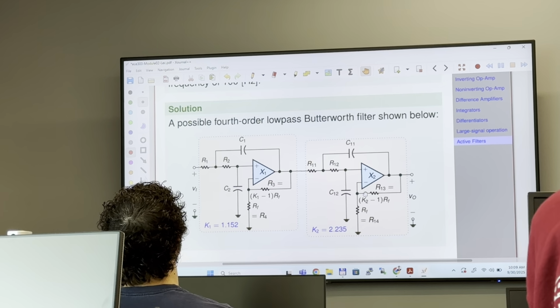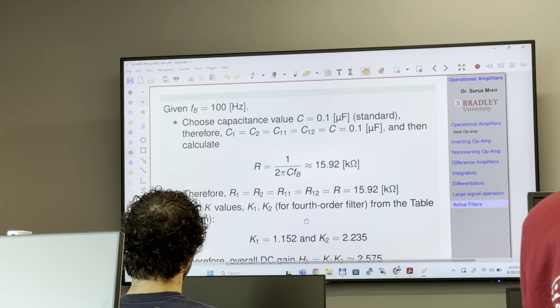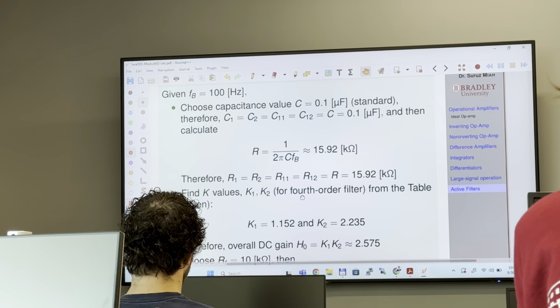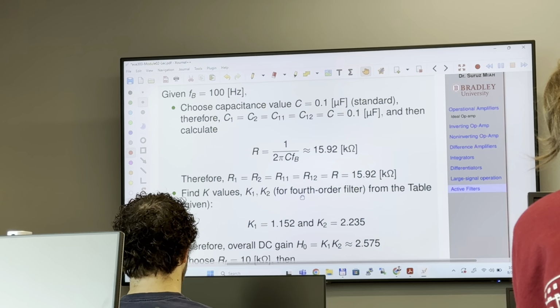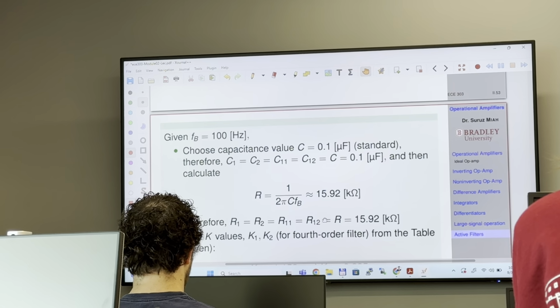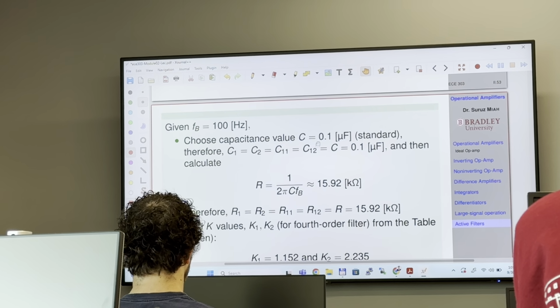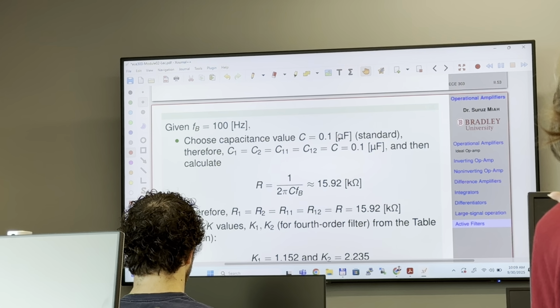What I did, I actually typed the solution here, so you have the complete solution. Because we don't have this in the book, I typed how to come up with R1, C1, R2, C2. Here you see we start with a standard capacitor, 0.1 microfarad, which is available. We start by choosing this capacitor, and then how to come up with the other capacitors.